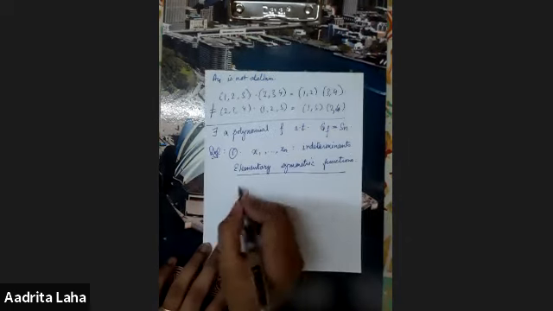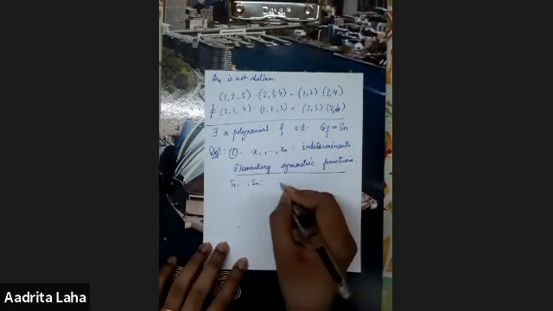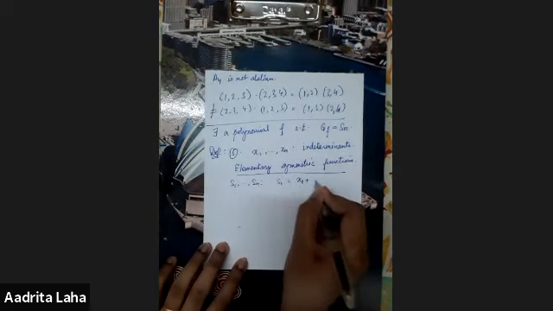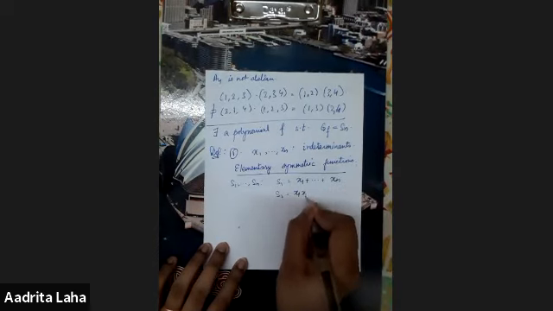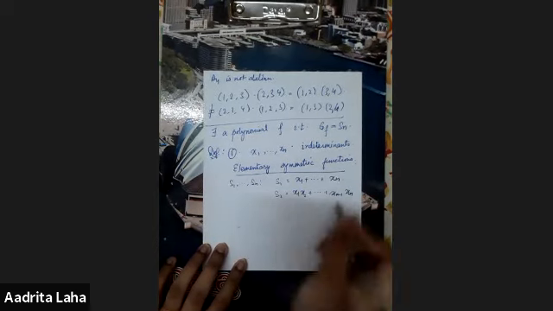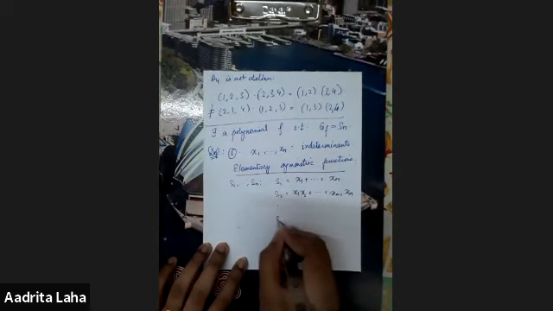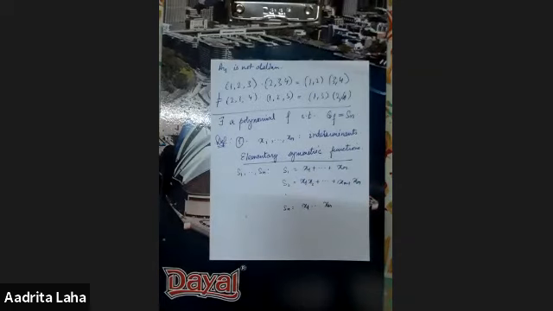They are s1 up to sn, defined as follows. s1 is x1 plus up to xn. s2 is x1x2 up to x(n-1)xn, so all two permutations. And finally, sn is the product x1 up to xn. Now these are all elementary symmetric polynomials.